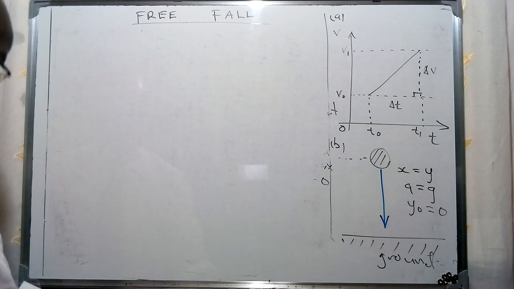The question says that a feather is dropped on the moon from a height of 1.4 meters. The gravitational constant on the moon is 1.67 meters per square second. Determine the time for the feather to fall to the surface of the moon.